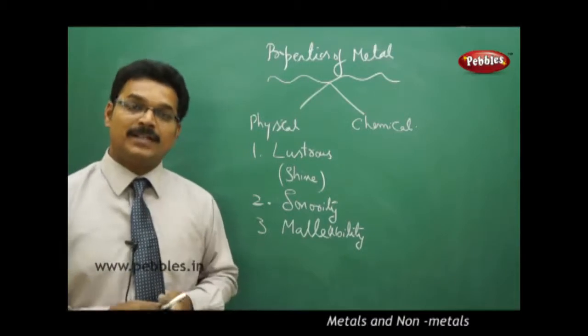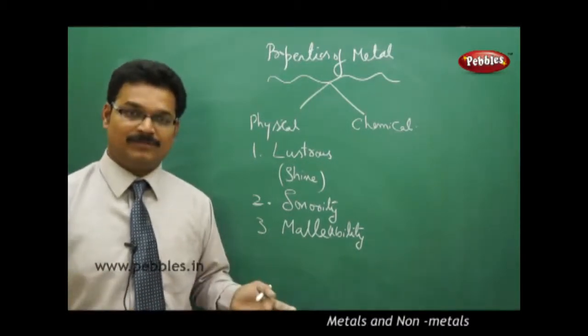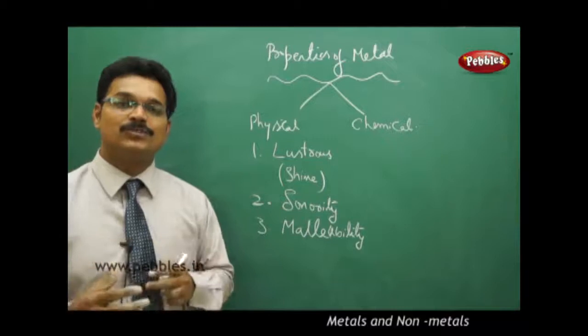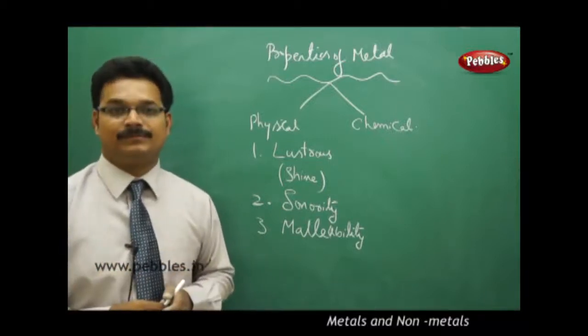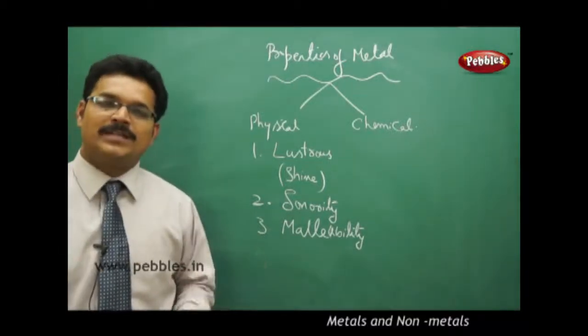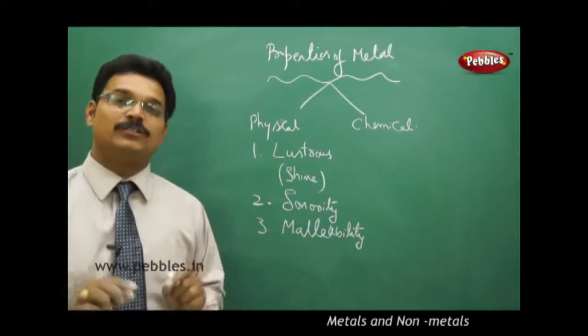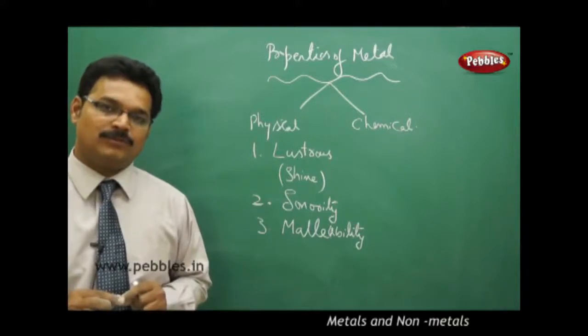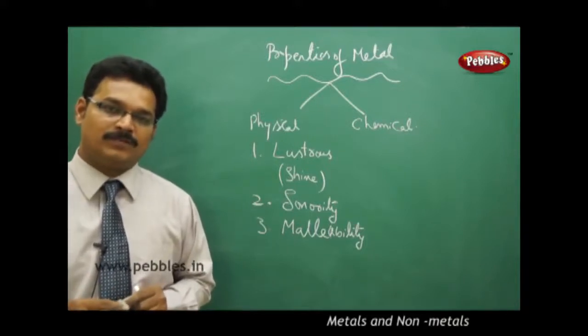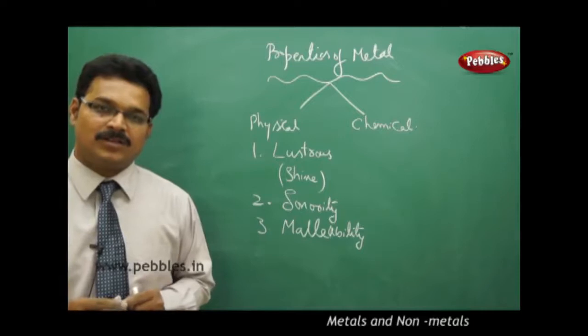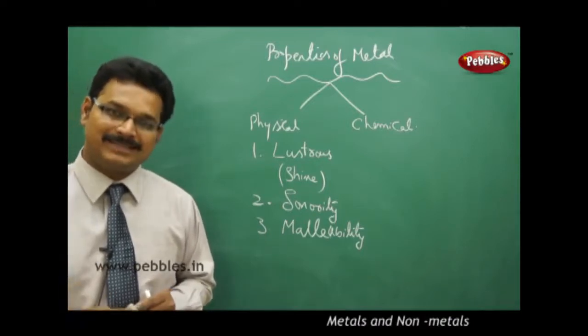Malleability means the metals can be stretched and molded into different shapes. With this property, all metals can be flattened into thin sheets. Suppose you go to a person who makes different shapes using metals.